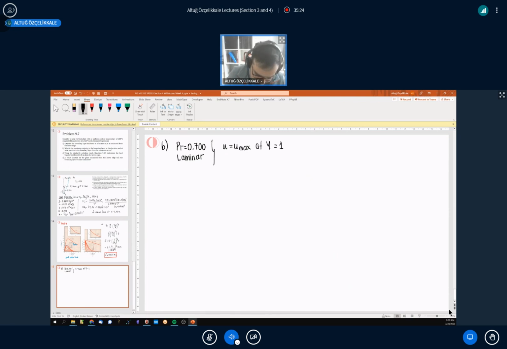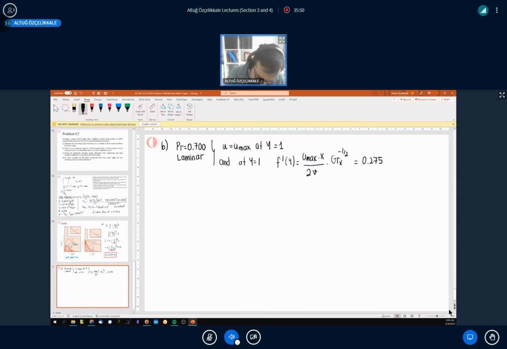When eta is equal to 1, f prime of eta, which is equal to u max multiplied by x divided by 2 nu times the Grashof number raised to the power minus 1/2, is going to be 0.275.